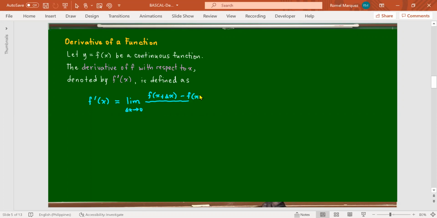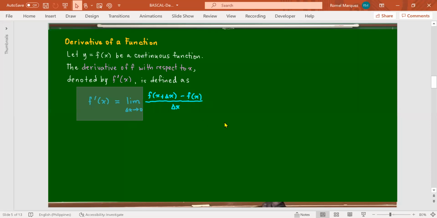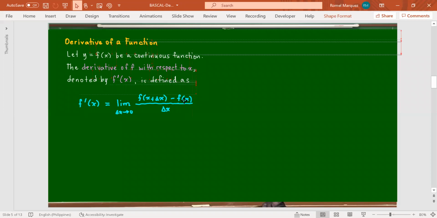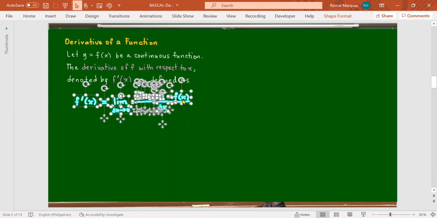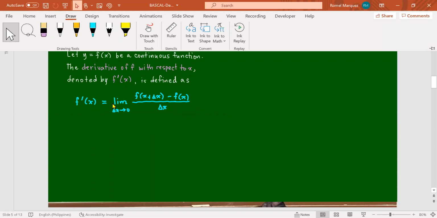Mr. Olager, ano nga itong difference quotient na to? Anong ibig sabihin nito sa analytic geometry? This ratio? The slope po. Slope ng line, no? In particular, sa curve natin, yun yung secant, no? Okay? Hindi yan yung tangent, ha? Pero pag nilagyan nyo ng limit, as delta x approaches 0, that is the slope of that tangent line at the point P on the curve.